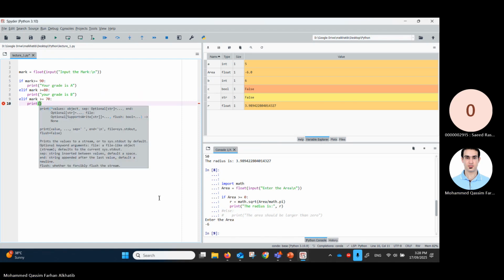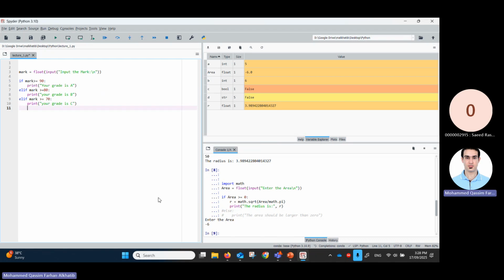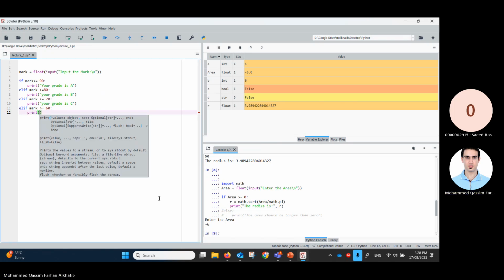Print your grade as C. Now notice there is a repetition, like once you get it the first time, it is going to be repeated. Elif mark larger than or equal 60, print your grade as D.